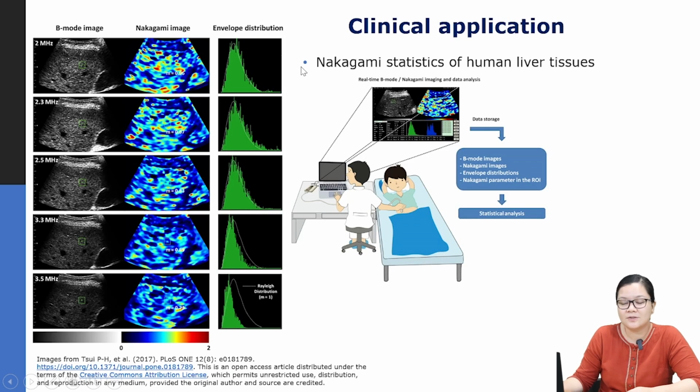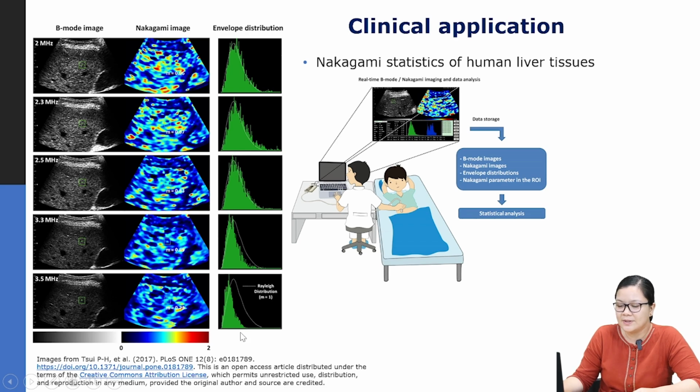And we also discussed one clinical application here, looking into the Nakagami statistics of human liver tissues. And in this study, what was done is that the sonographer would place a transducer right above the abdomen to image the liver. And then the B-mode image would be displayed and different kernels would be moved across the region of interest axially and laterally to be able to image this Nakagami parameter right here.